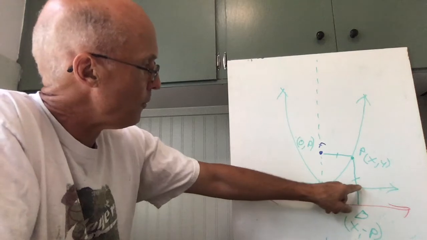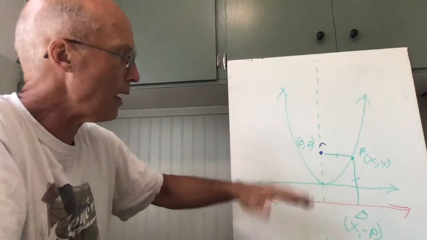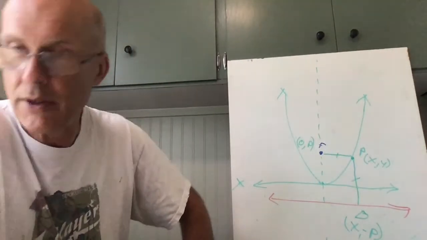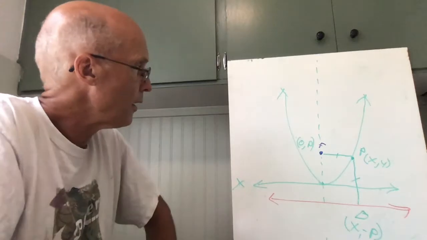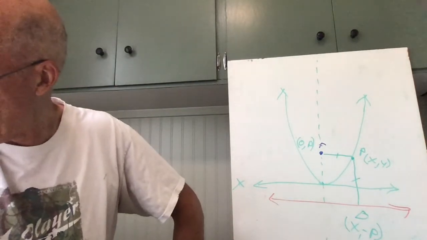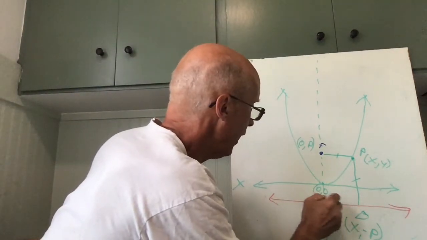So we went from 0 here up to p. This is going to be p down. I know my picture is a little off, but you get the idea. Okay? So take a moment and digest all those different points. I didn't put in (0, 0), but you probably can figure that out.